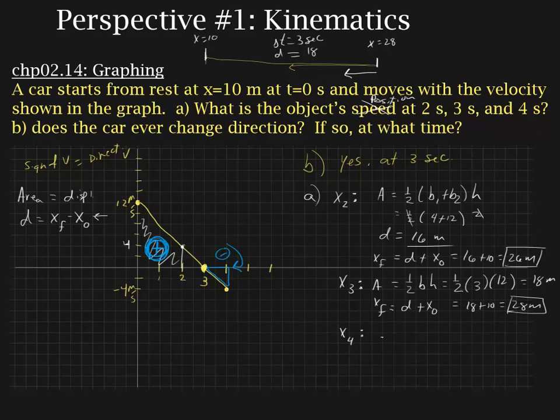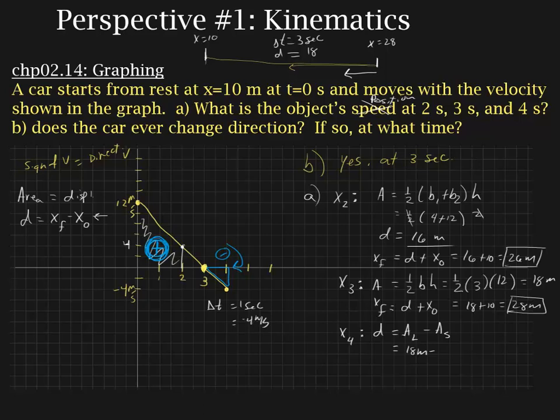The displacement is going to be equal to the area of the large triangle minus the area of the small triangle. The large triangle, we already know, is equal to 18 meters. The small triangle has a time interval of 1 second, and it has a height of minus 4 meters per second.